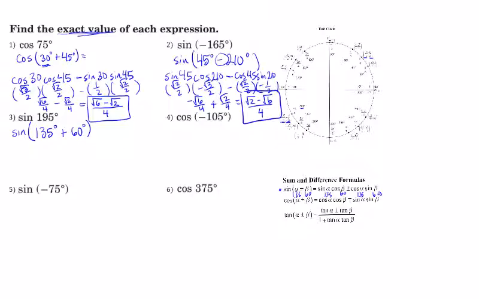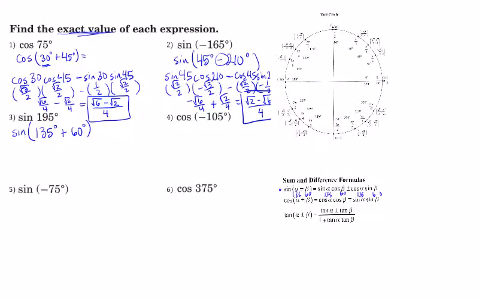And so we'll have sine 135 cosine 60 plus this time, right? Whatever this is will be the same for the sine formula. And then we'll have cosine 135 sine 60. All right.